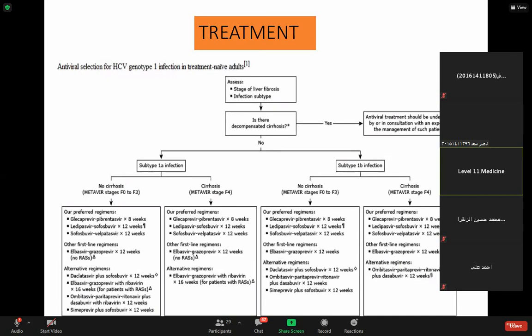Those medications can mostly be taken orally and have a way less toxic profile compared to the old treatments.